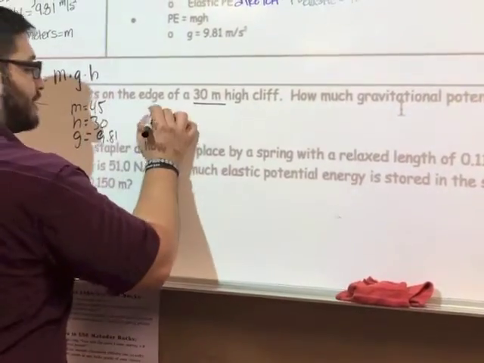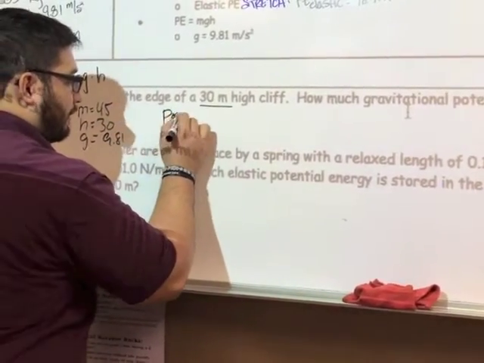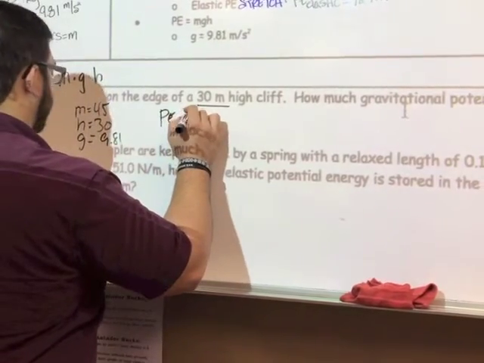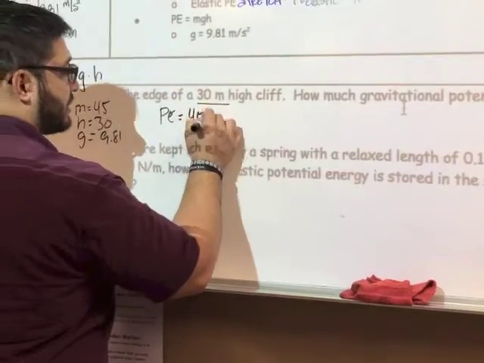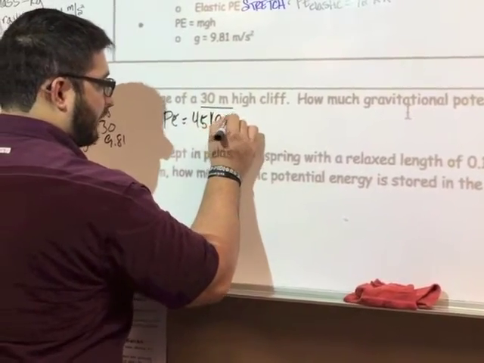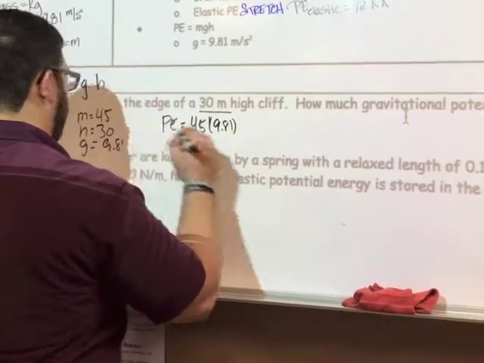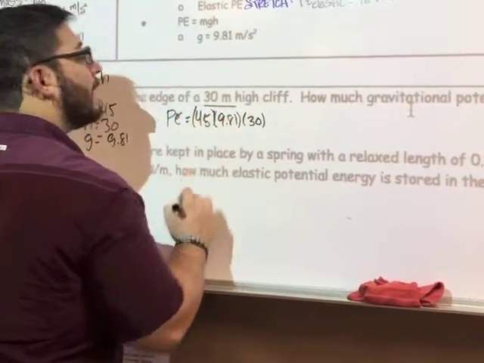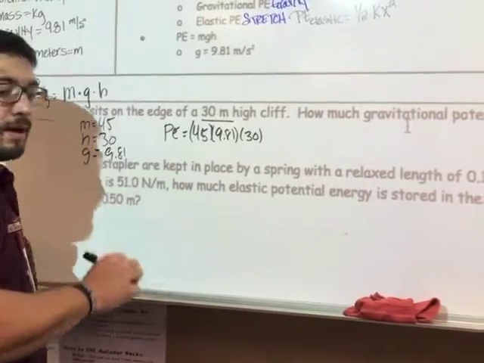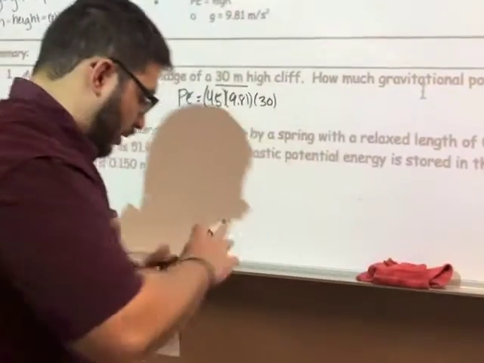So how much gravitational potential energy does it have? We'll plug it into our equation where it says PE equals 45 times gravity, which is 9.81, multiplied by 30, because that's our height. Multiply all these together. We'll go ahead and do that with you.